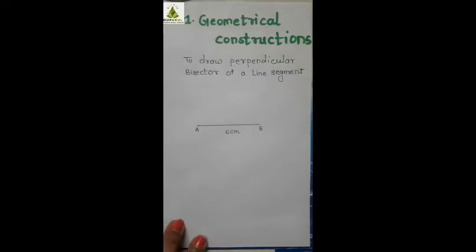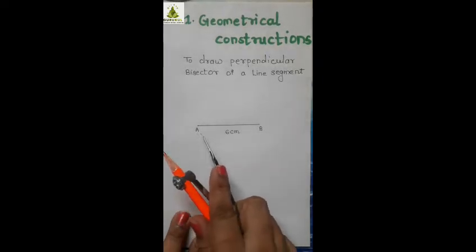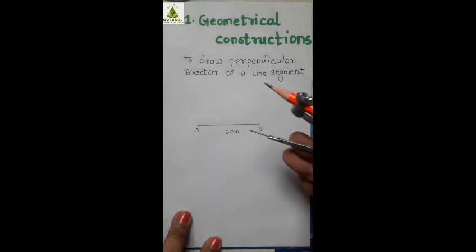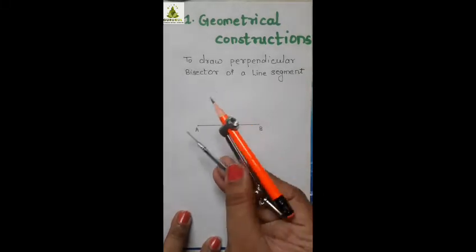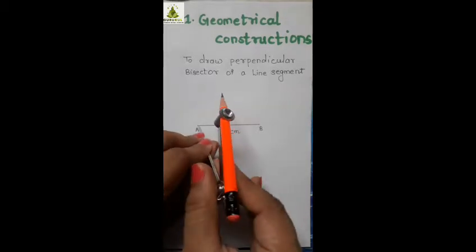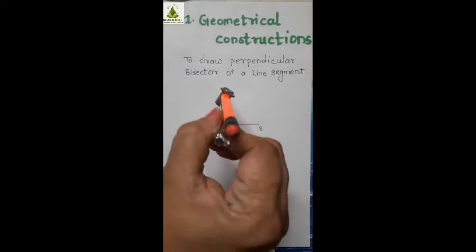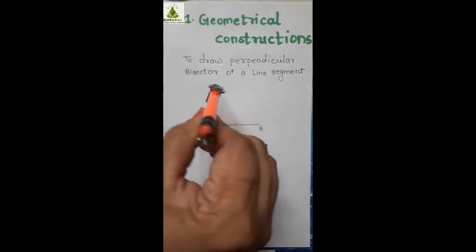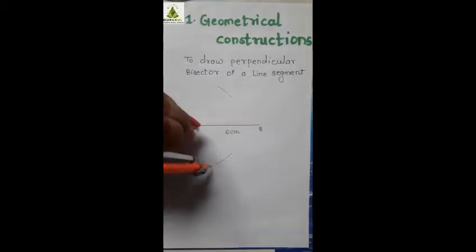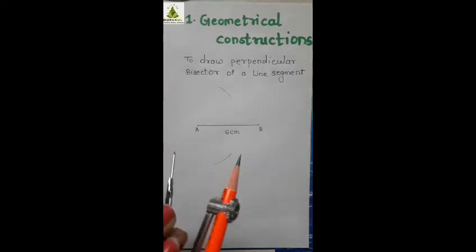Here you can see I have drawn segment AB of length 6 centimeters. First of all, you have to take the compass and place the pointer of the compass on one point of the segment and draw an arc on one side and draw the arc on another side. Lift the pointer.